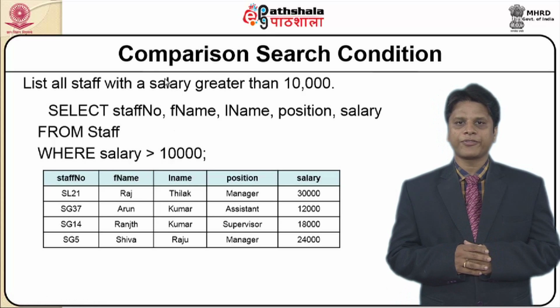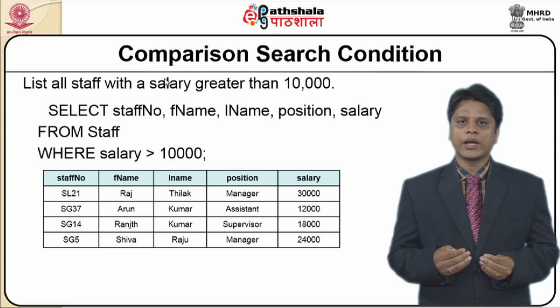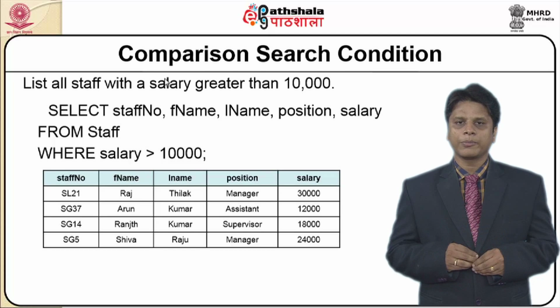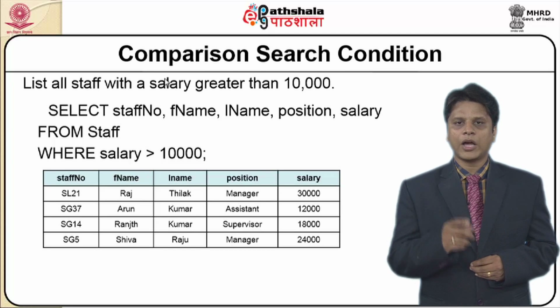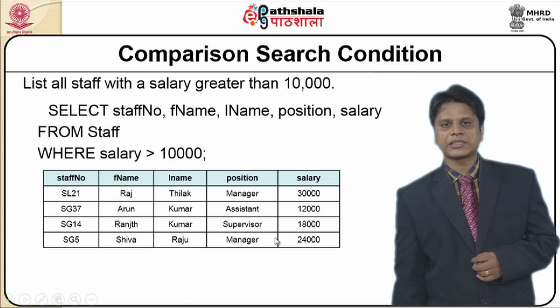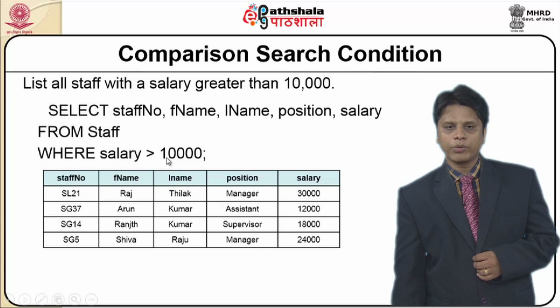I can change these values a bit. List all staff who have salary greater than or equal to 10,000 would now have an advanced constraint. Anybody who had 10,000 as a salary would not be projected in the earlier table, but greater than or equal to would include 10,000 also as a value. Look at the salary column.